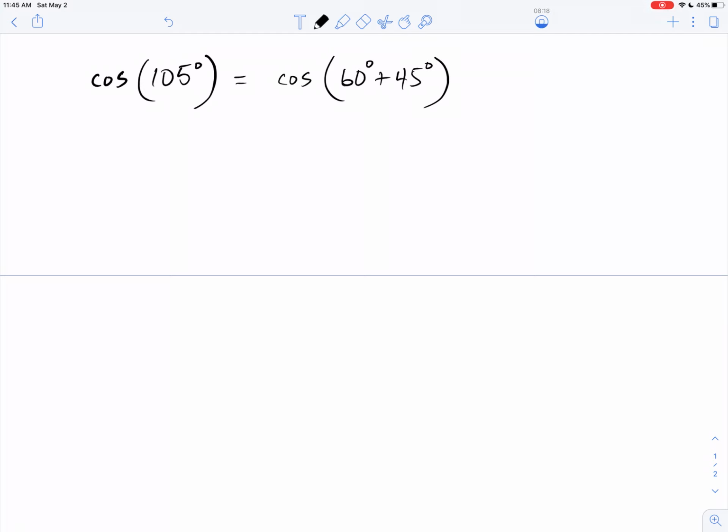Yeah, I could. And then I say, wait a minute, that looks like the sum formula. You see where I'm going with this? The sum formula. And I would say I could rewrite that as cosine of 60 times cosine of 45, minus sine of 60 times sine of 45.